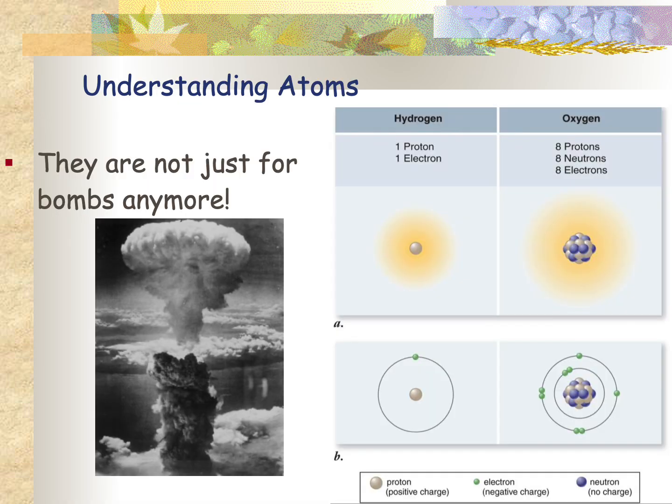So atoms are the smallest intact particles of elements. There are 92 naturally occurring different types of elements, each have their own unique type of atom. All atoms have subatomic particles. The subatomic particles are the same in all atoms, but they vary in their numbers.